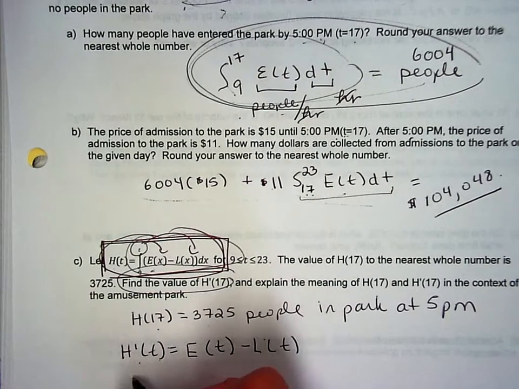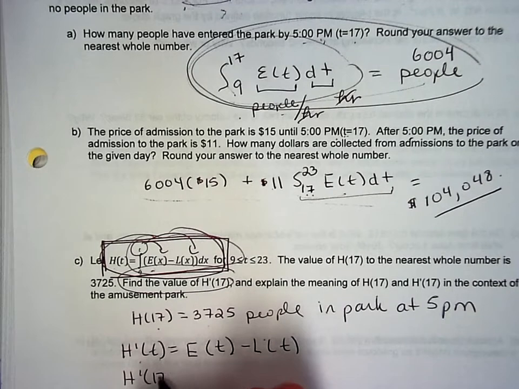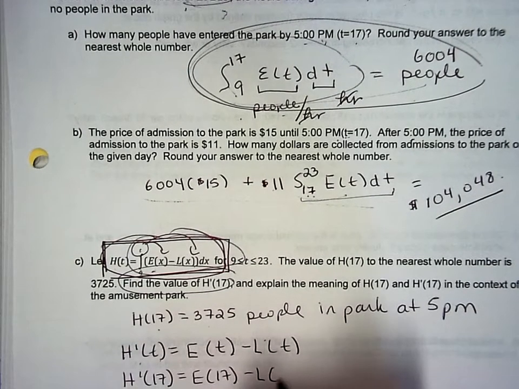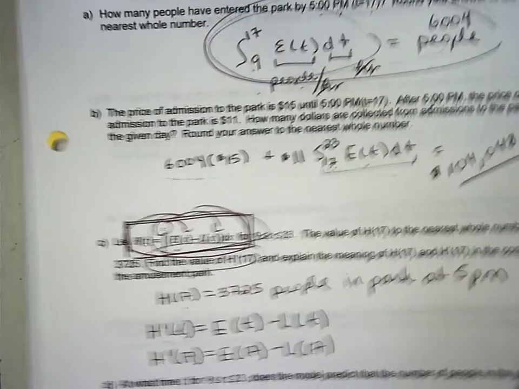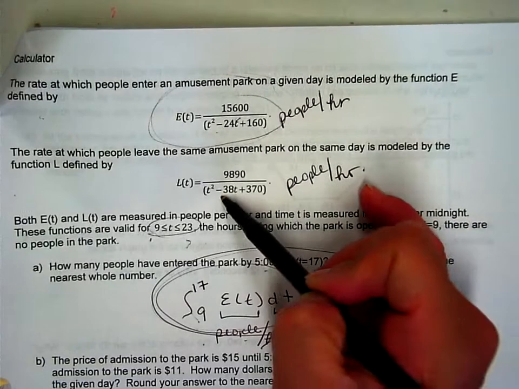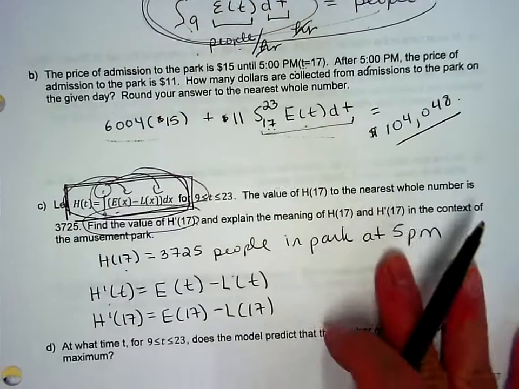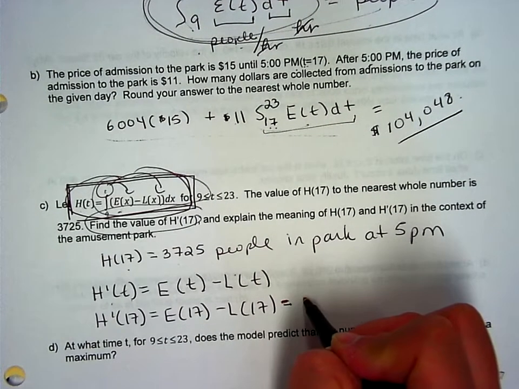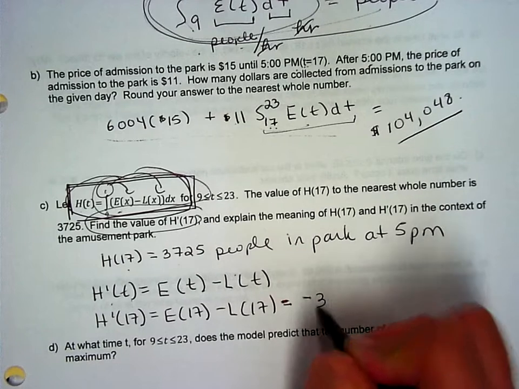I want to know what happens at 17, so I'm going to plug in 17 here. Get E of 17, plug in 17 here, subtract those two numbers on your calculator, and if you do that, this ends up being negative 380.